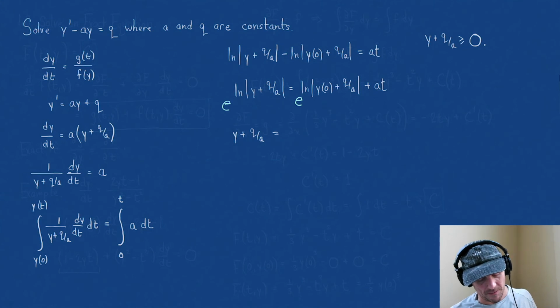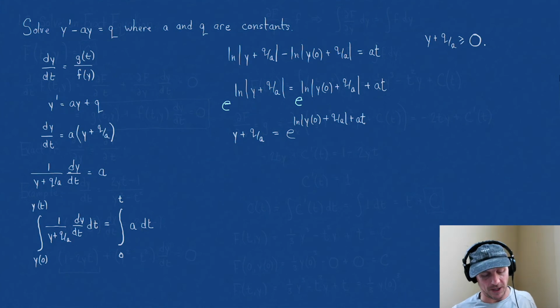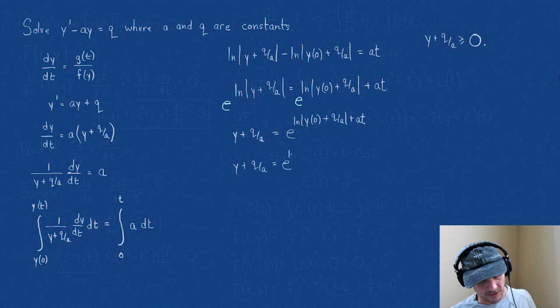Equals, now I have e to the natural log of y of 0 plus q over a plus at. Wait a minute, there's a plus. Remember, plus is what happens when you multiply with an exponential. So I could write this as y plus q over a is equal to e raised to the natural log of y of 0 plus q over a, times e to the at.